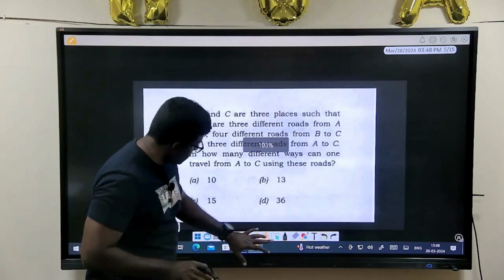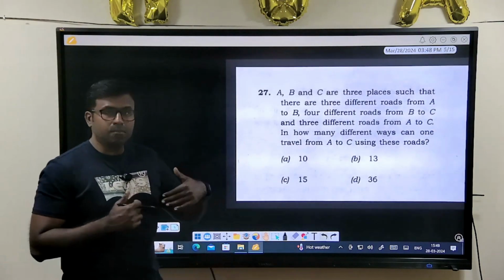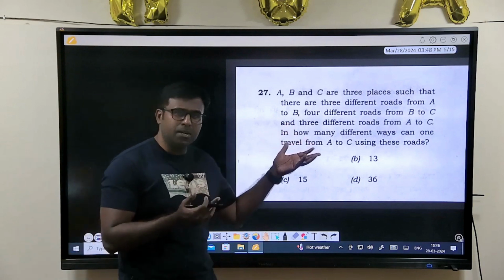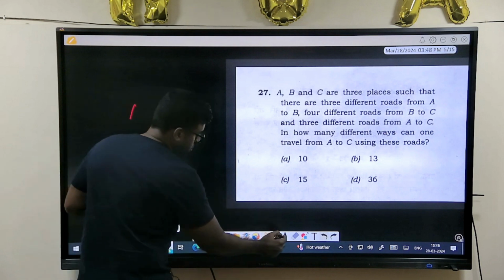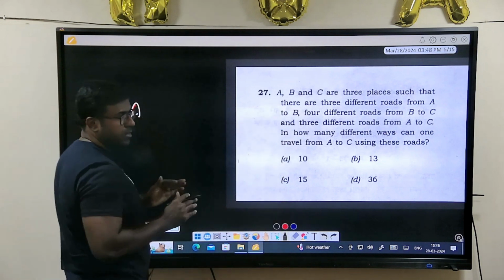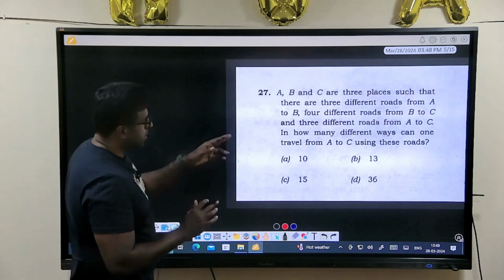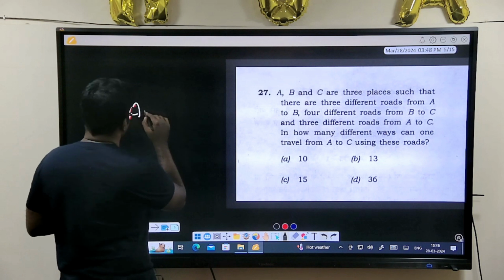Now you see here, this is one more question which seems like it can be done by basic understanding. This is also a permutation combination thing. From A to B, you have three different routes.